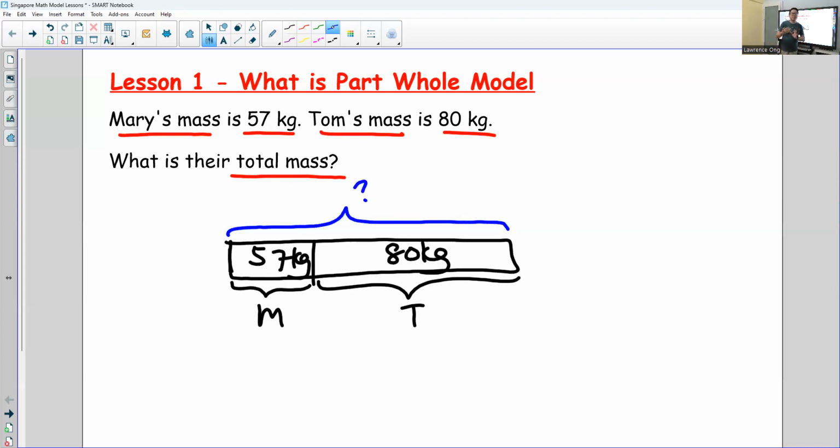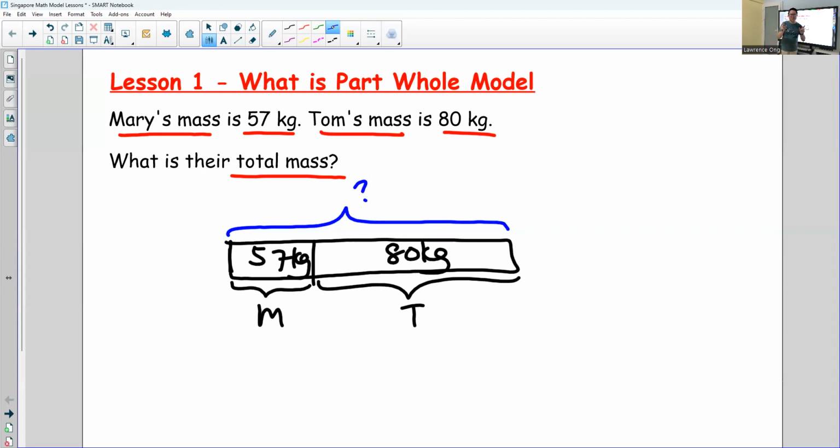So this is called a parcel model. And what do you see on this model? The important elements. They are the values that you put into the boxes, and the labels, Mary and Tom, that you have to put onto the model. There's an arrow sign to show how big the value is and who it belongs to.